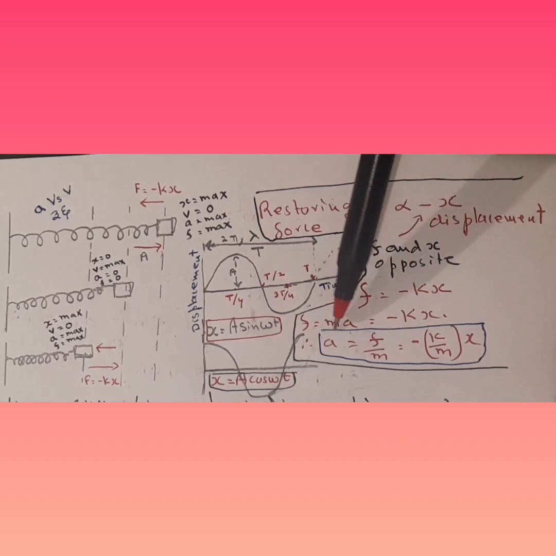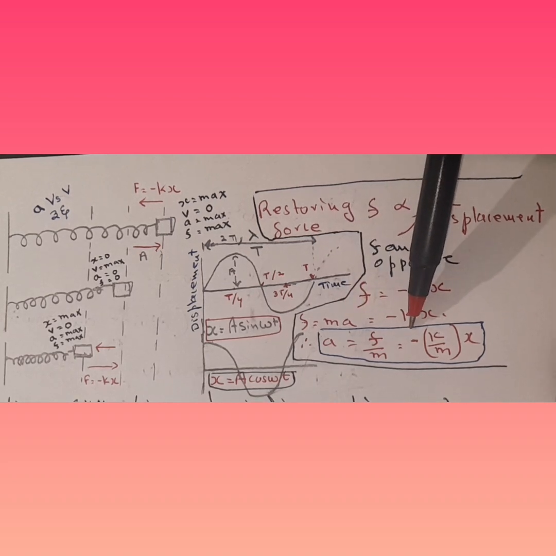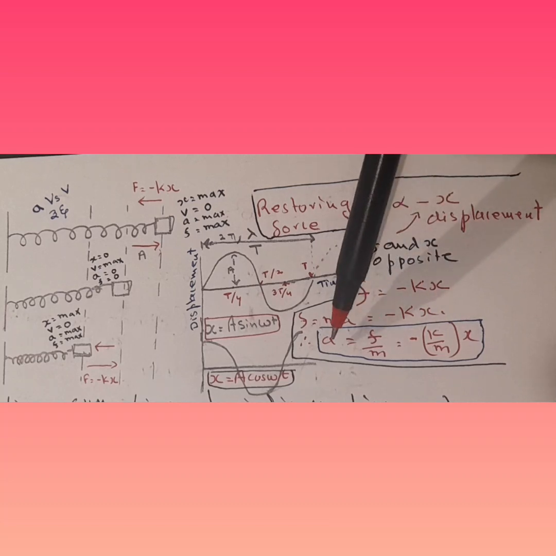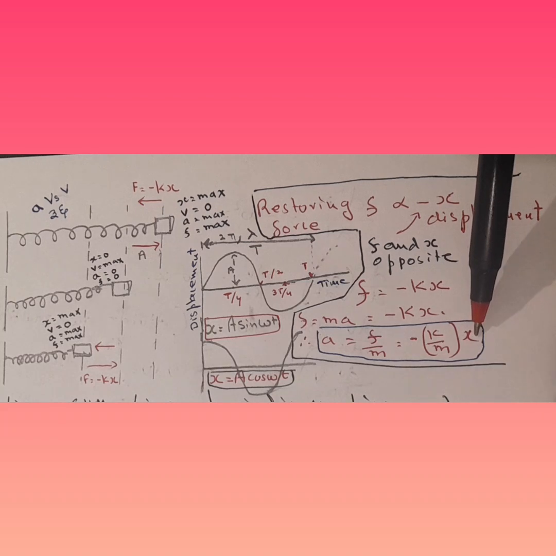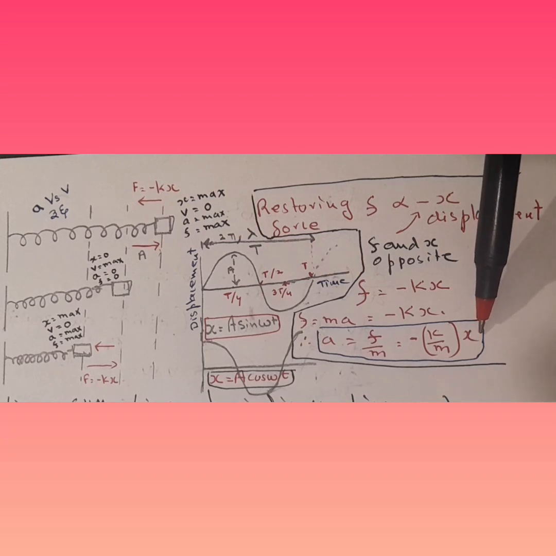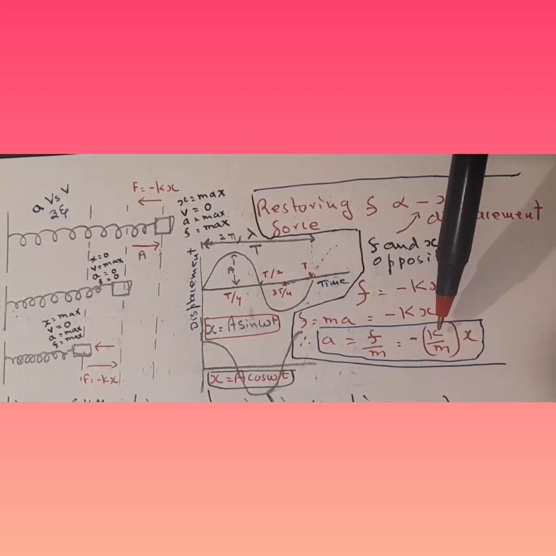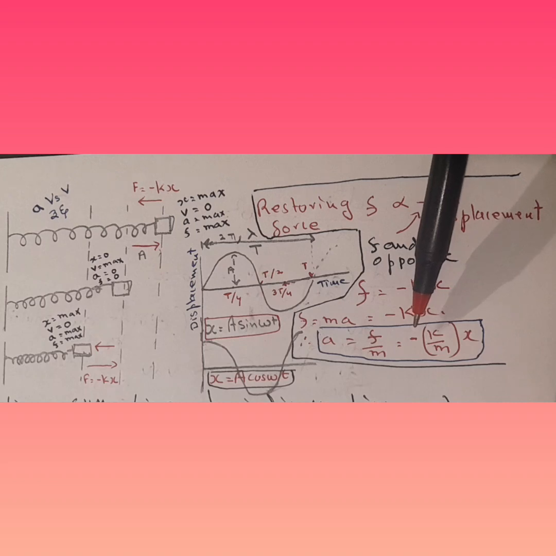Correlating these two, the formula for acceleration is a equal to minus k over m into x, where m is the mass of the block and x is the displacement. Here we are not talking in terms of amplitude; the displacement could be somewhere here, there, anywhere. So x is displacement and k is the proportionality constant. This is the formula that you have got to keep in mind.